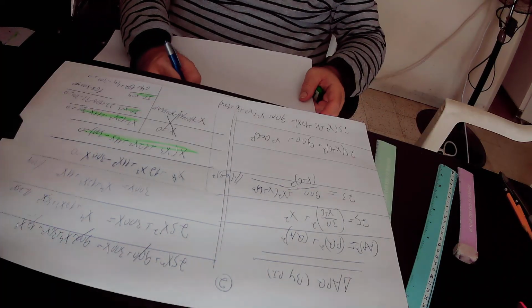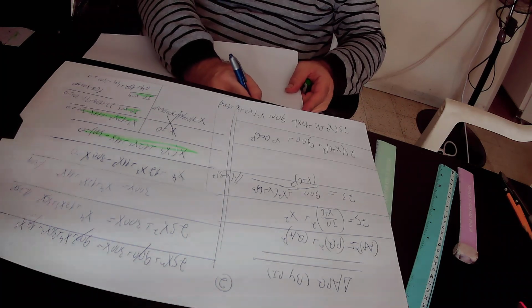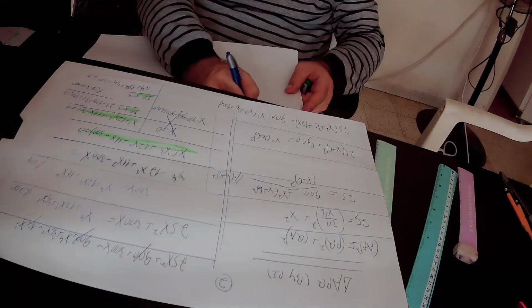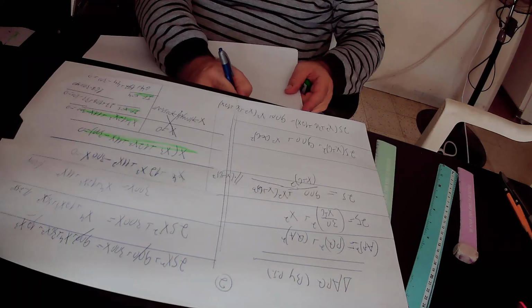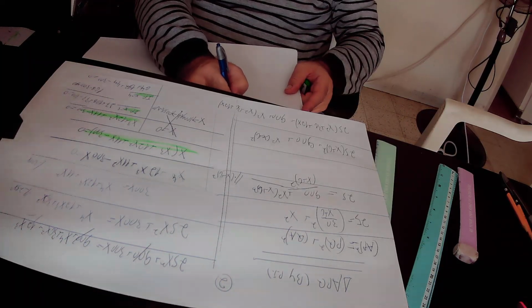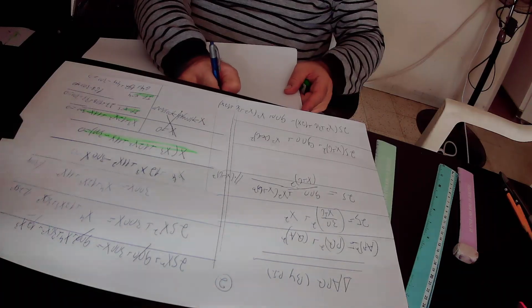Here we have x cubed plus 12x squared plus 11x minus 300 equals 0.